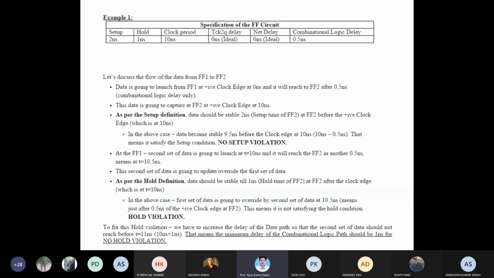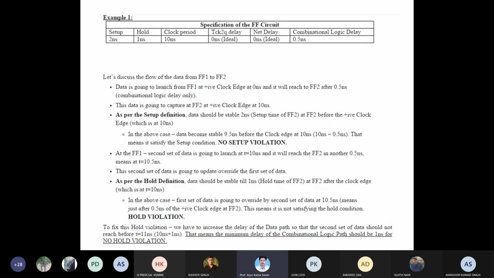To fix this hold violation, we have to increase the delay of the data path so that the second set of data should not reach before 11 nanosecond. So that 0.5 nanosecond must be increased to 1 nanosecond. That means the minimum delay of the combinational logic path should be 1 nanosecond for no hold violation.